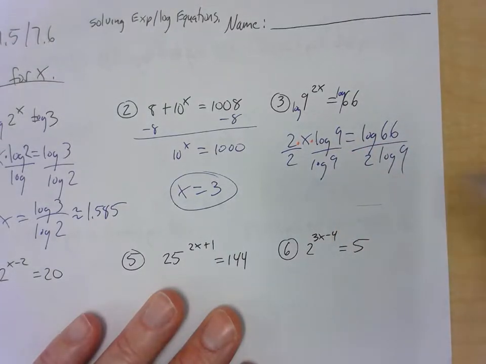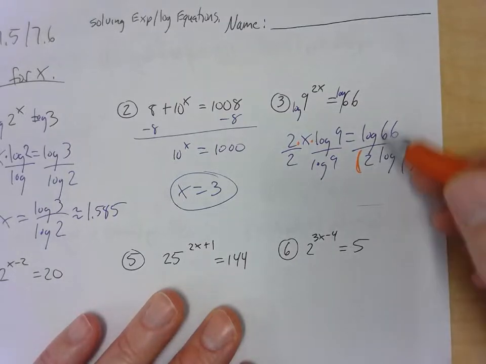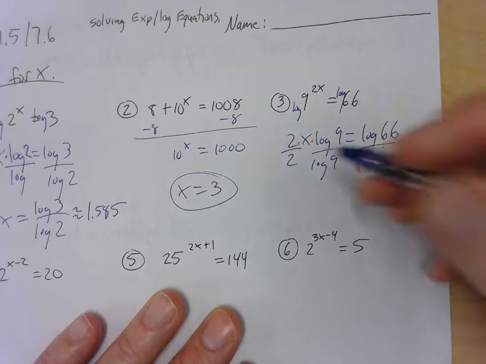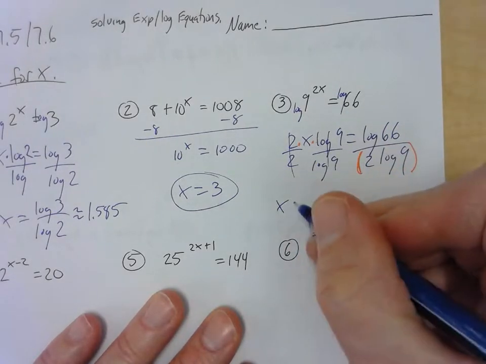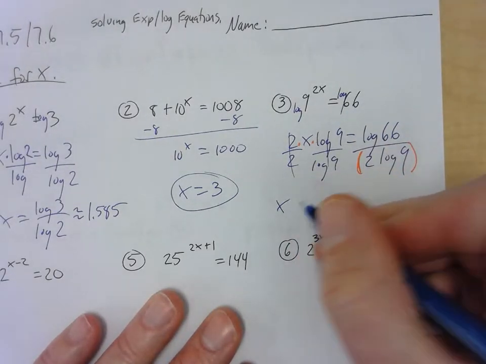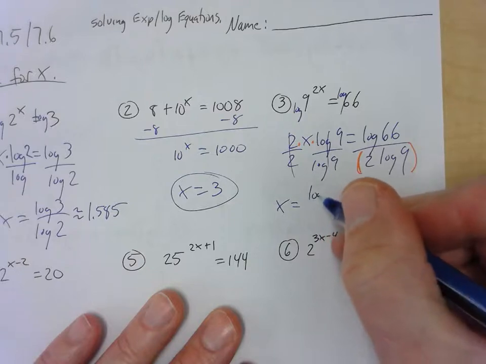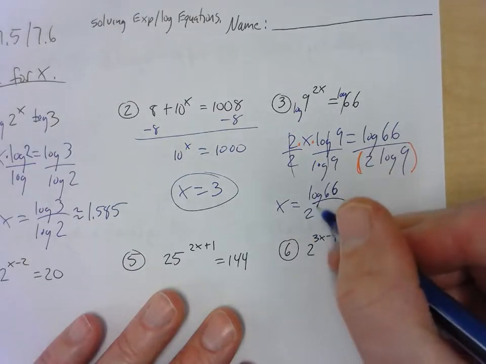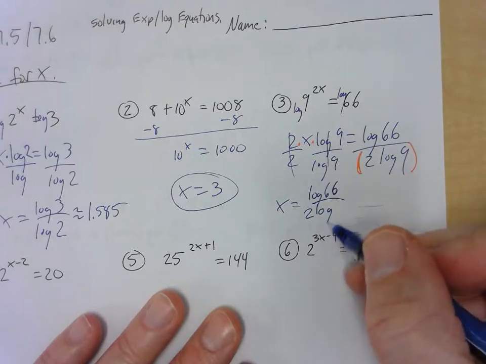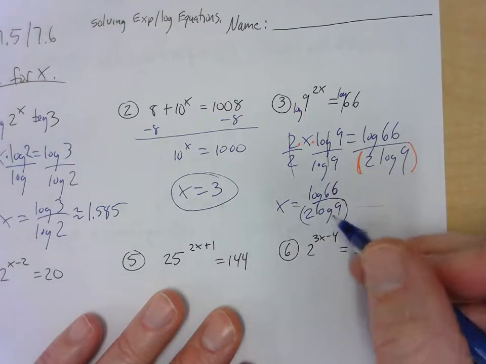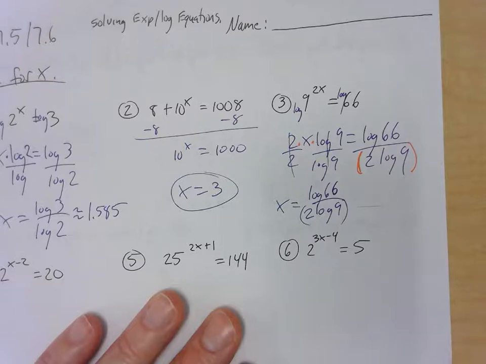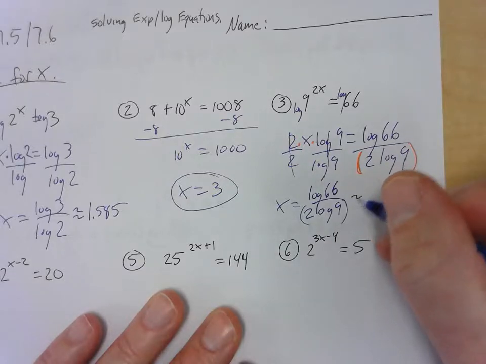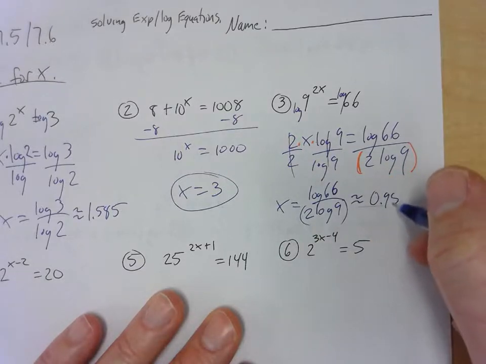Be careful when you type this into the calculator that you put extra parentheses there or actually physically divide twice. These cancel out. X is by itself. So x is equal to log of 66 divided by 2 log of 9. Again, that has to be in parentheses. Typing this into the calculator, it is approximately equal to 0.953.